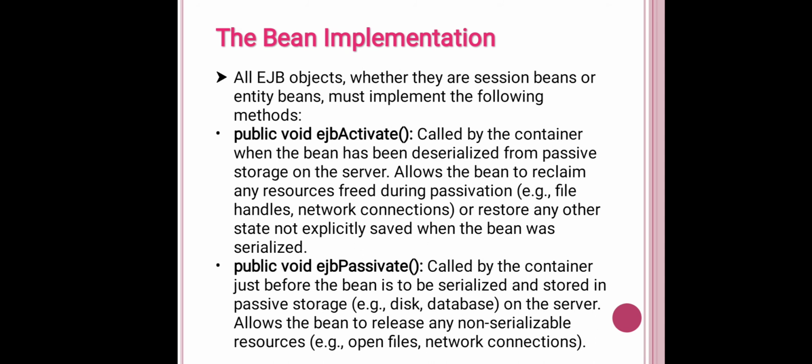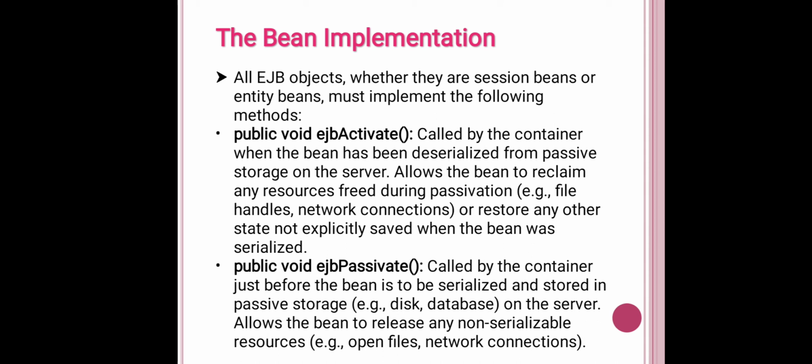All EJB objects, whether they are session beans or entity beans, must implement the following methods. These are public void ejbActivate method, public void ejbPassivate method, public void ejbCreate method, public void ejbRemove method. The first one is public void ejbActivate method.